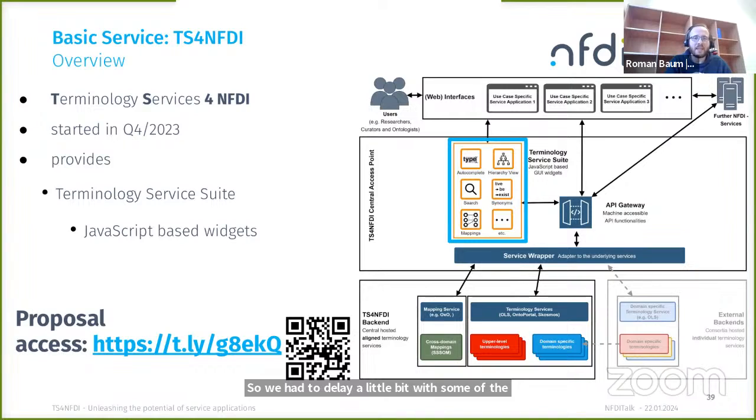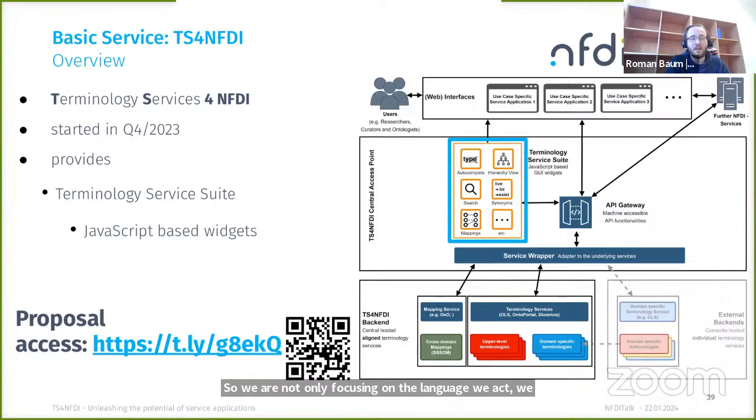And what we provide is a terminology service suite, which are JavaScript-based widgets. So that is the same idea as the React-based widgets I presented before. But here we are a little bit broader. So we are not only focusing on the React language, we also provide the widgets via JavaScript.